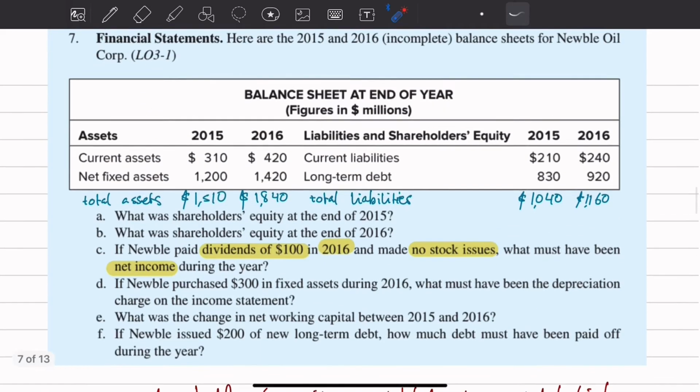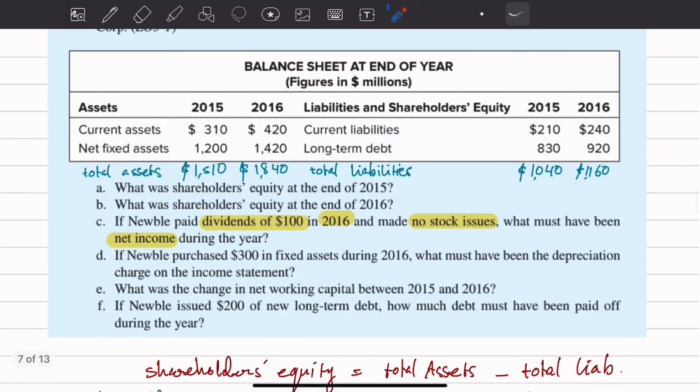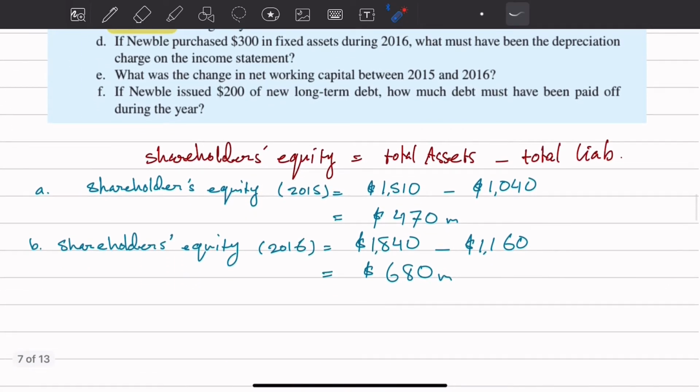Now, we'll go back here and see from our answers in parts A and B that the shareholders' equity has increased from 470 million in 2015 to 680 million. So that's an increase of 210. Let me just double check. 680 minus 470. That's 210 million.